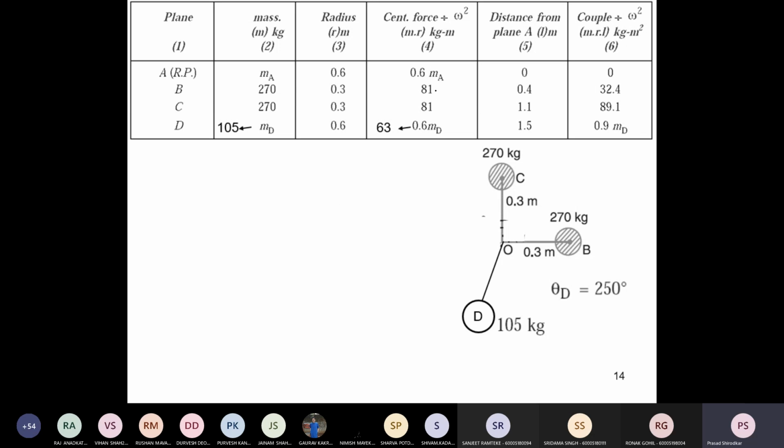Alright. So forces are A is 0.6 MA. So obviously you cannot start with FA. This is your FA. So this is unknown. So start with FB. Alright.